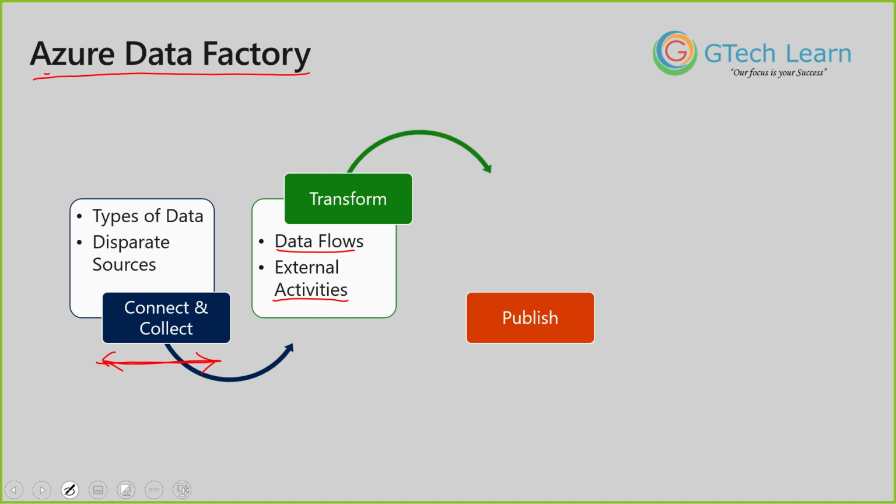We also discuss publishing. Since it's a cloud-based service available on Microsoft Azure, a native Azure service for ETL processes, we need to publish our changes, whether we are creating some pipelines or data flows, and that will involve the introduction of our CI/CD pipelines for continuous integration and continuous deployment.